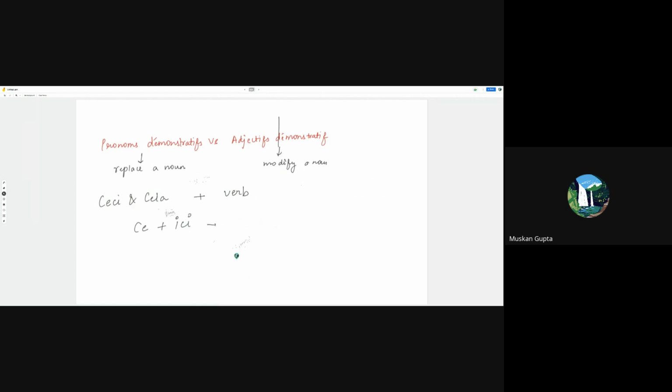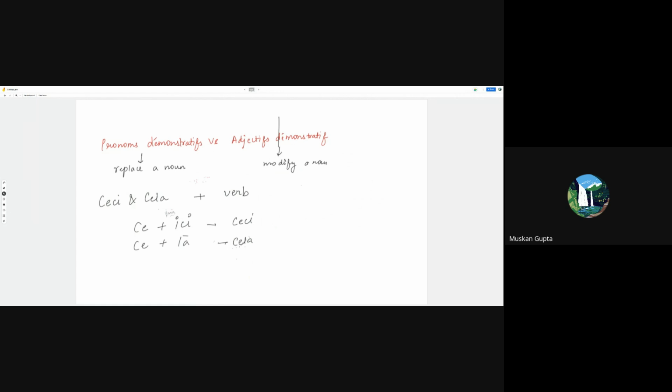Cela is formed using ce plus là. So ceci and cela is used when you're not replacing a noun; there's no noun there.